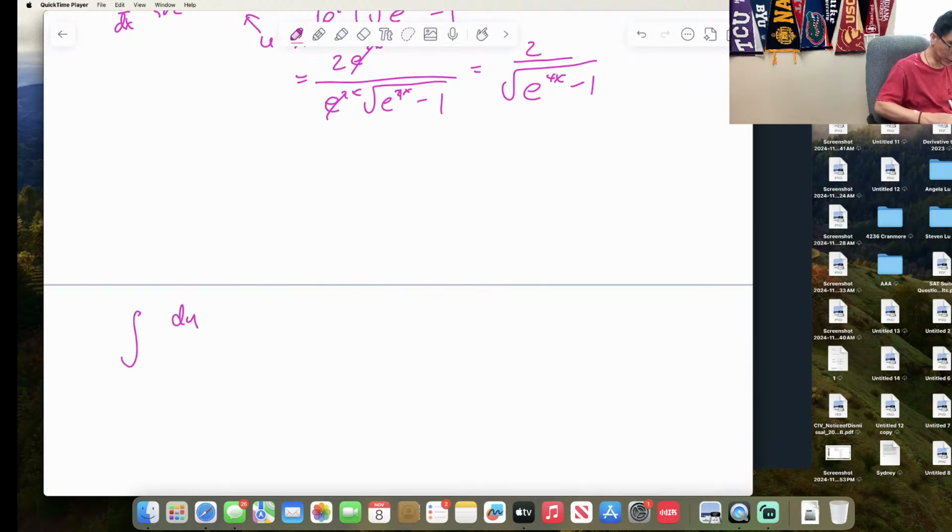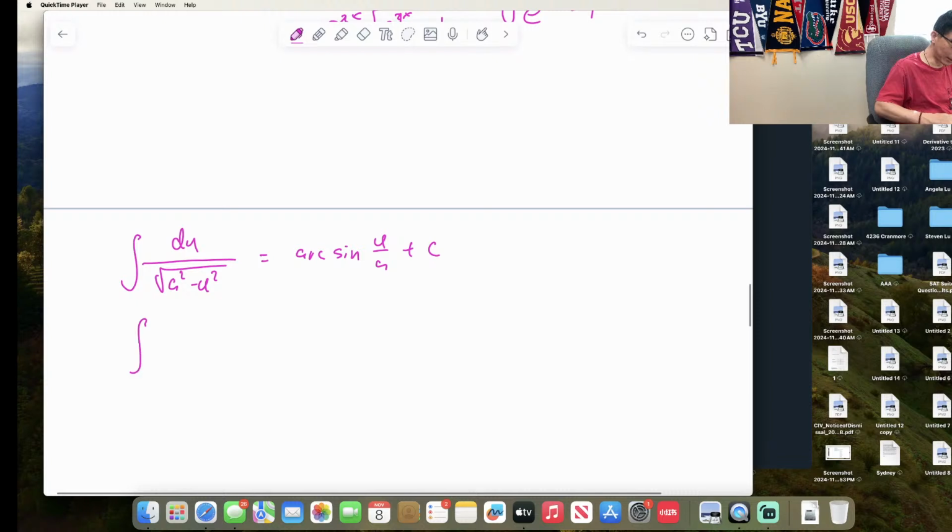Integration of du over root a squared minus u squared is equal to arc sine of u over a plus c. Now, if you really need to do this, this is probably one of the index card ones. I need you to refresh your memory before the test.